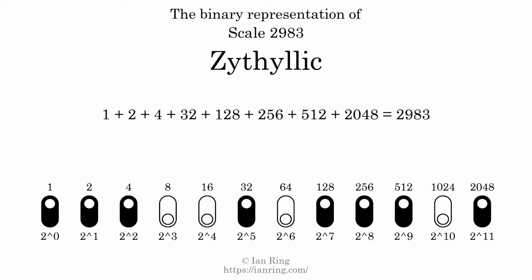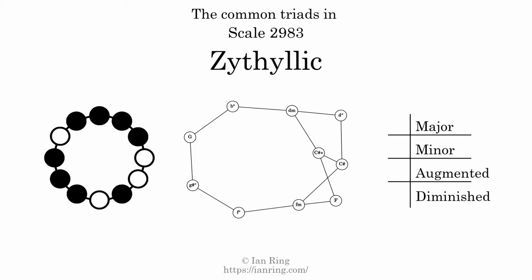That is why the scale number, in decimal, is 2983. The scale number not only enumerates the scale with a unique index, but it also literally describes the tonal content of the scale. Represented as a binary number in base 2, the scale number is 101110100111.